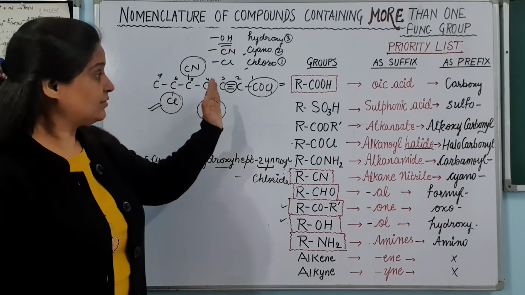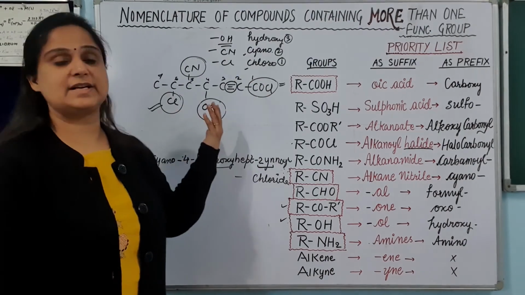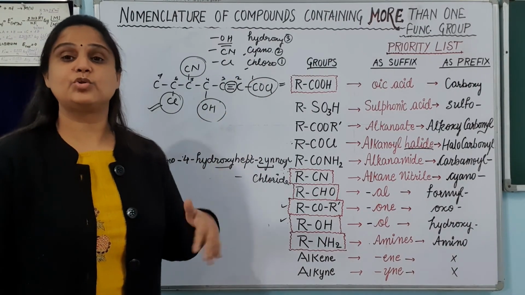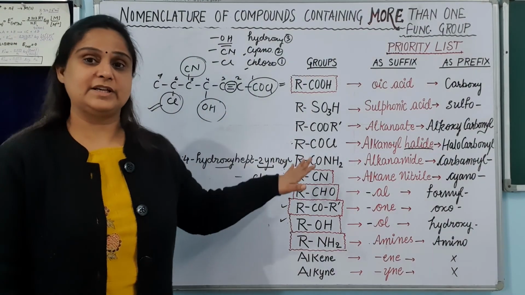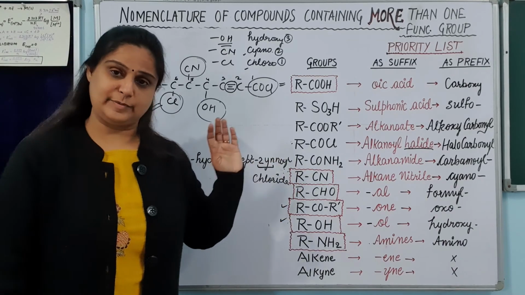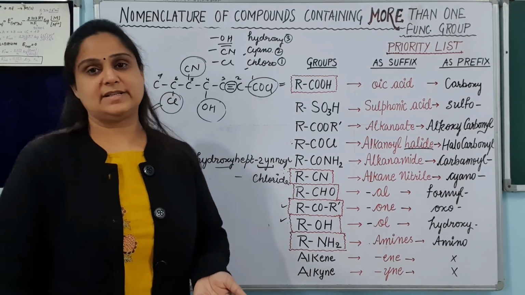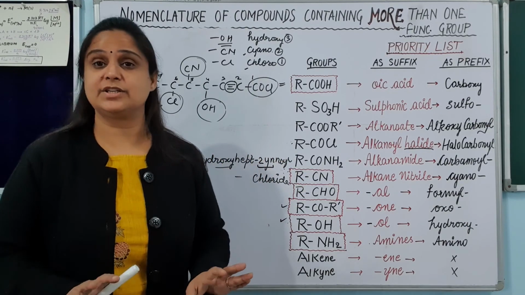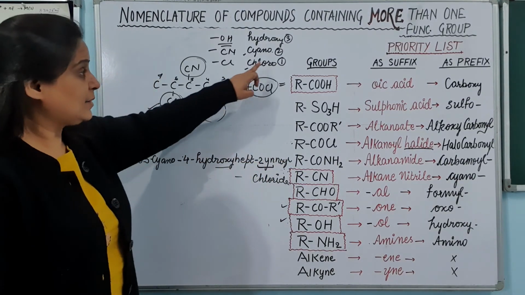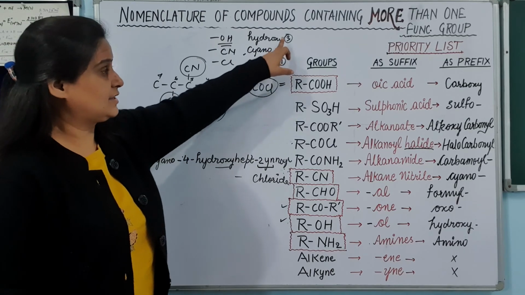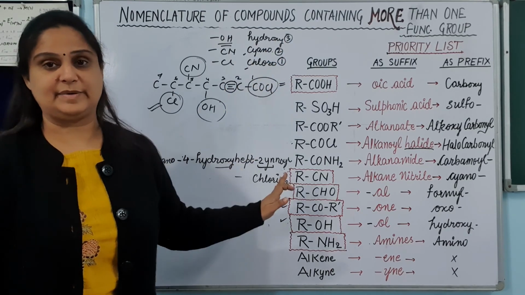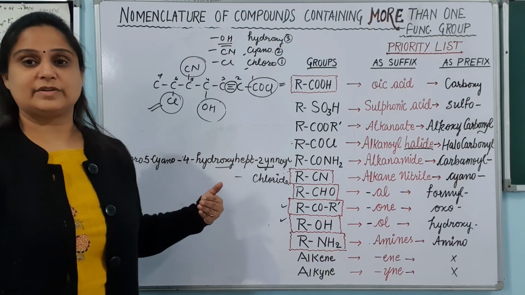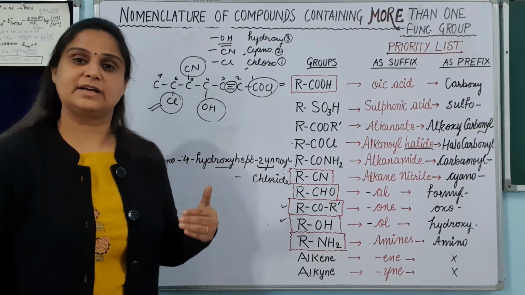So the numbering will be decided by the functional group. Once you decide that you are taking this as the major functional group, the rest will be taken as substituents. Then you decide the number. Once the number is fixed, don't change it at all. The priority among the rest will be decided by the alphabet, so arrange the rest of the substituents in alphabetical order.